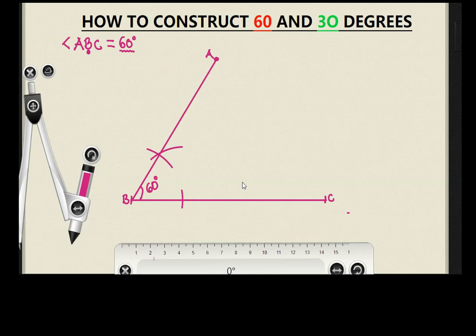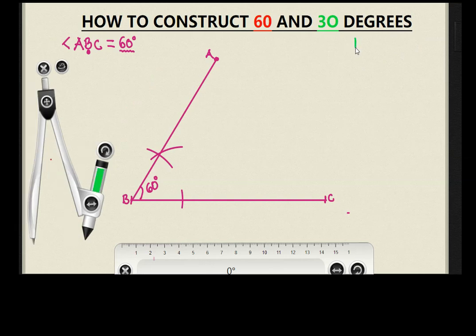So what we need to do is first construct 60 degrees, then bisect it. You saw how we constructed 60. So in order to get 30, I want us to bisect these 60 degrees.